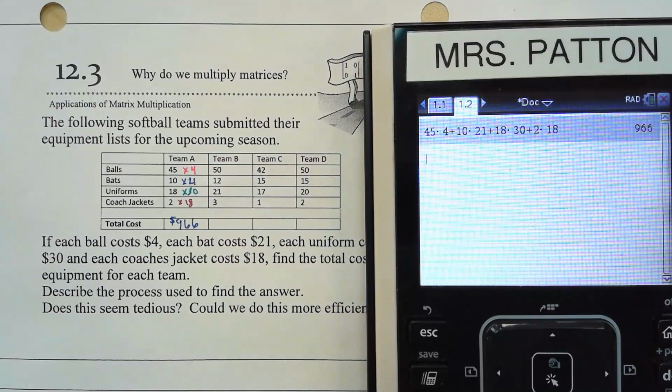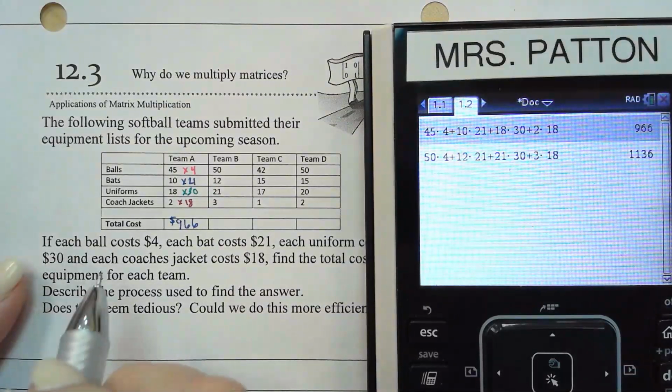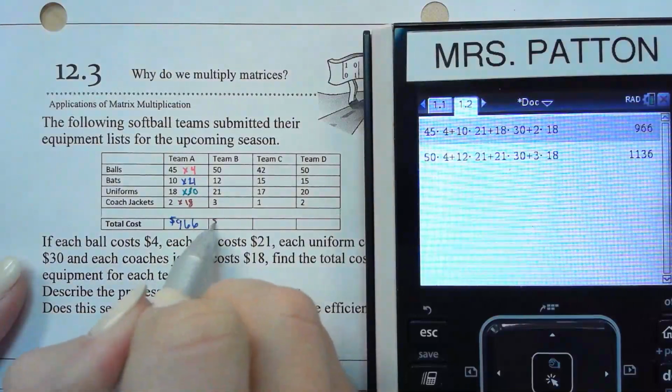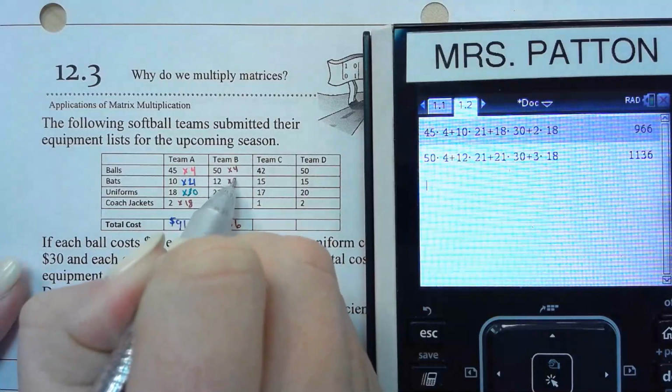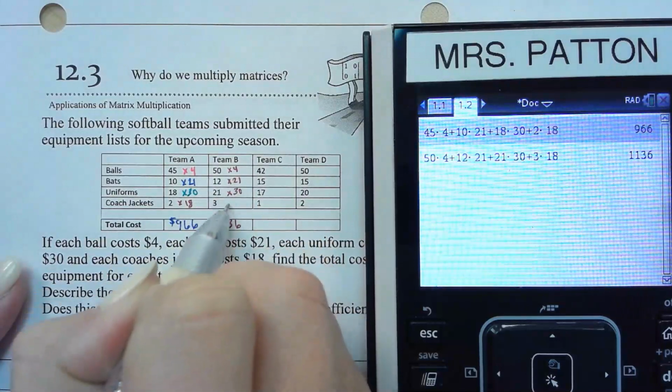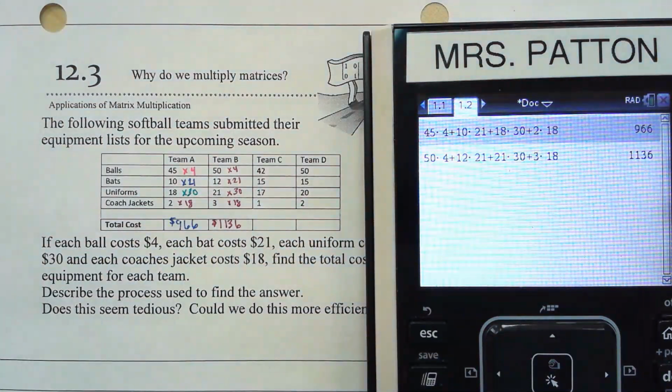We would just do that same thing for each team, right? So team B would be 50 times 4 plus 12 times 21 plus 21 times 30 plus 3 times 18, and we'd get 1,136. Again, I did the same thing, times 4, times 21, times 30, times 18. I'm not going to do them for all 4 teams. You get the idea.